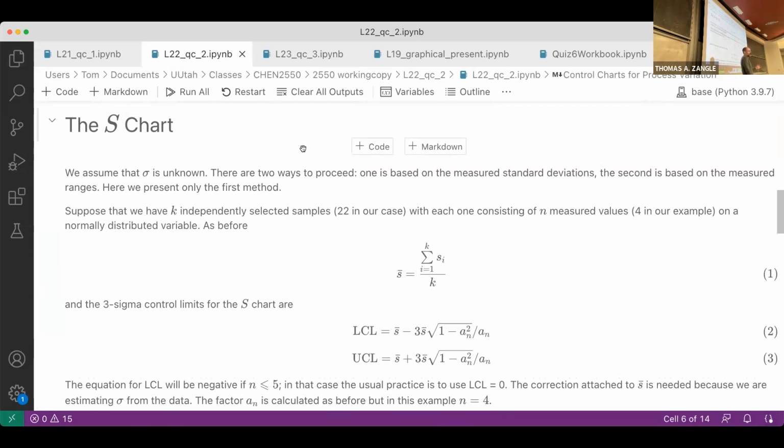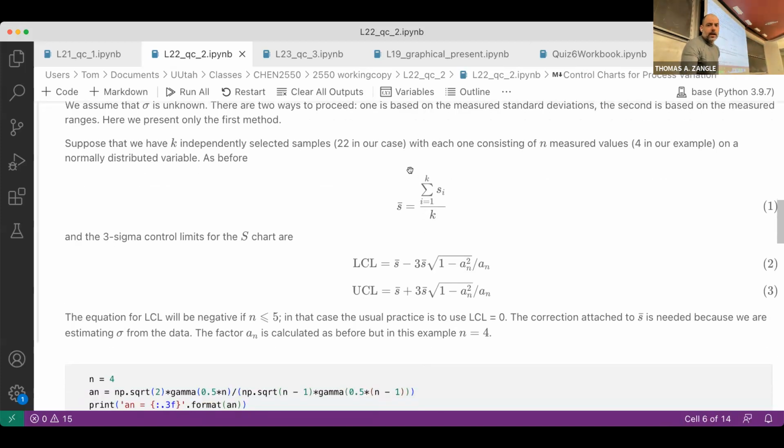And so we're going to have to estimate that population standard deviation. And then, as I mentioned, we can construct the control chart based on the sample variance. We could do a control chart based on standard deviation or ranges. In this case, we're just doing a control chart based on standard deviations.